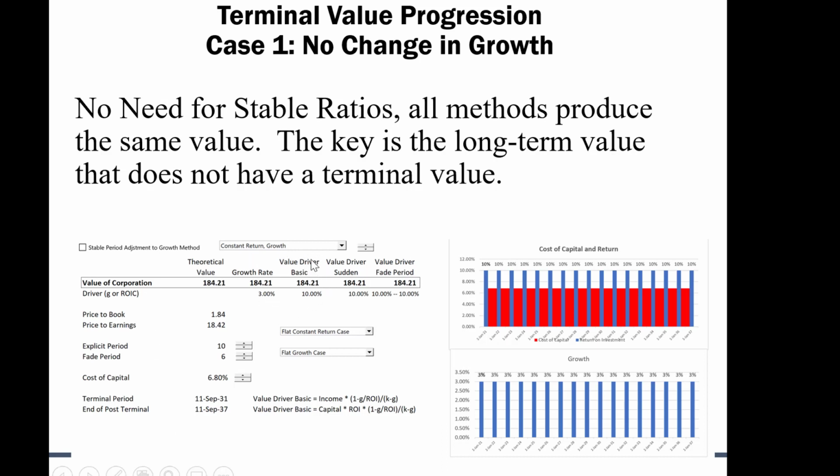Or we can stop in year 10 and say, okay, take the NOPAT, not exactly the cash flow, the NOPAT multiplied by, in brackets, 1 minus G over ROIC, divided by K minus G. You can do that. Or you can say, no, let's take year 10 and just stop it there. And then finally you can say, no, let's put a fade period in, and this time the fade period is irrelevant because we will use an interpolate function and we don't even have to worry about that.